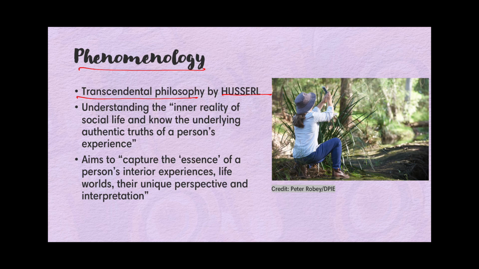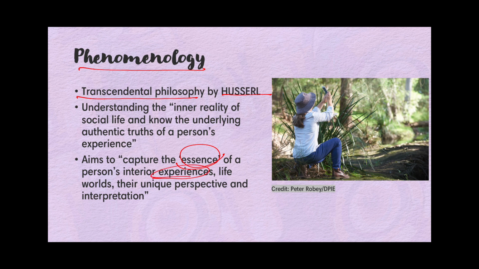Basically, it aims to capture the essence, and I think essentialist phenomenology is one of the branches of phenomenology, although I will not be looking at other forms of phenomenology, and we're talking about phenomenology in general. But the more descriptive phenomenology looks at the essence of a person's experiences.